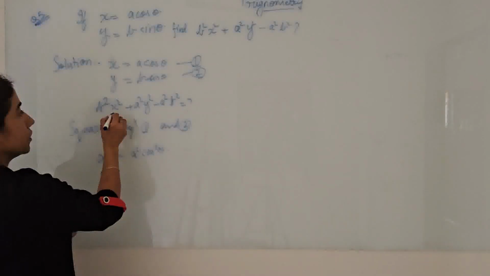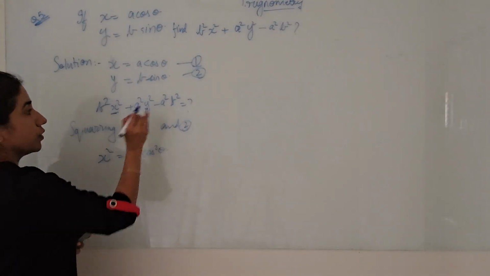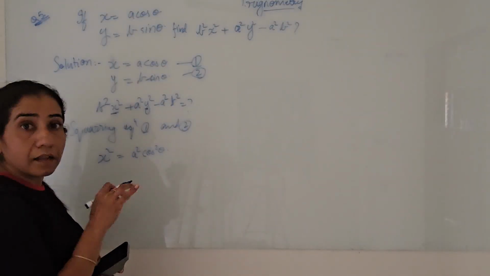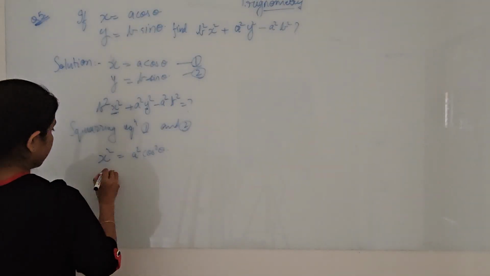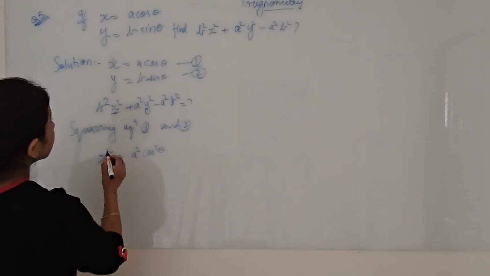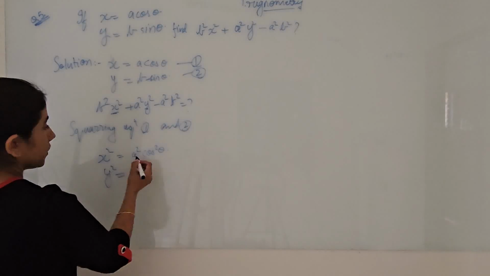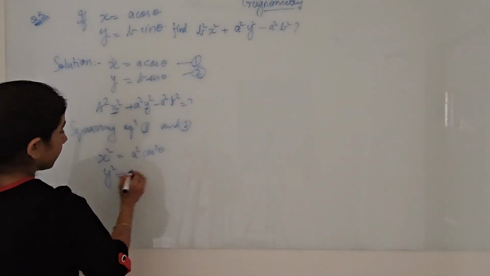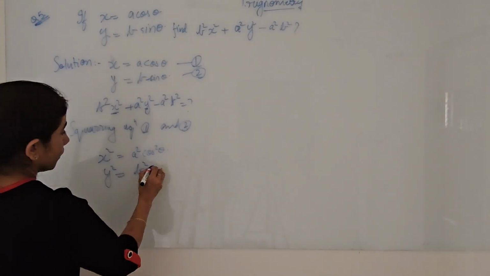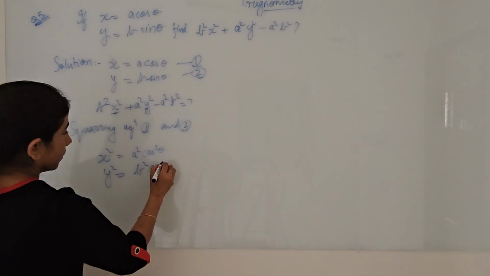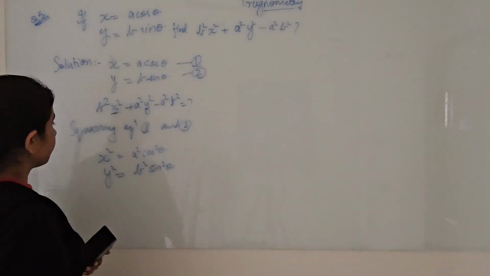Y square, because here x square and y square are there in the expression. So first I should find the values of x square and y square. x square is a square cos square theta. Similarly, y square will be b square sin square theta. Okay.